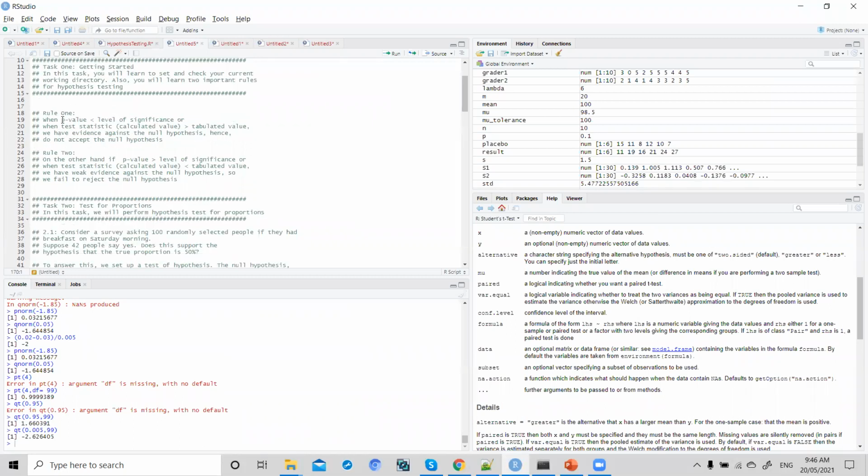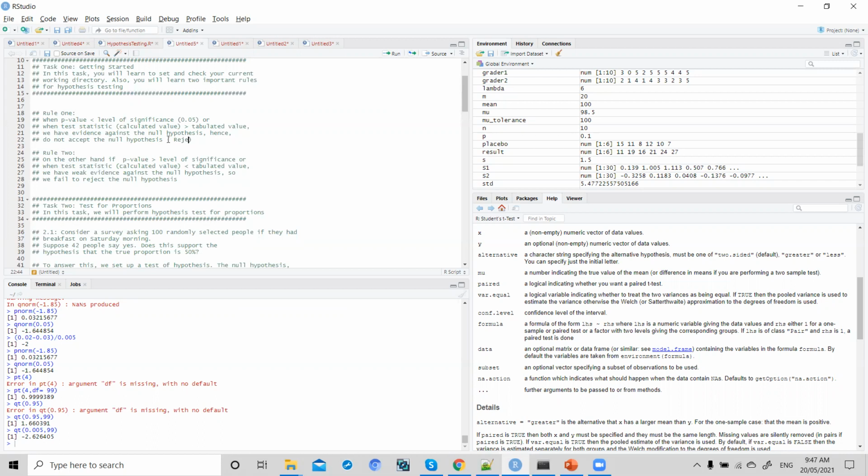So what we have learned: if my p-value is less than the level of significance, which is 0.05, and also the test statistic that we have calculated is greater than the tabulated value, in that case we reject our null hypothesis. That means we don't accept the null hypothesis.